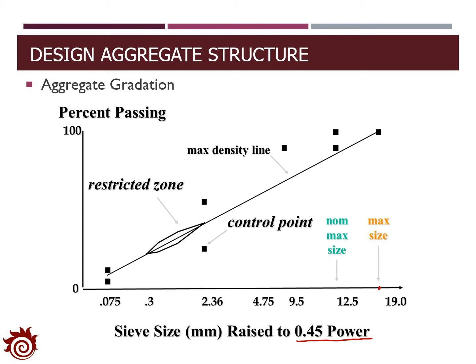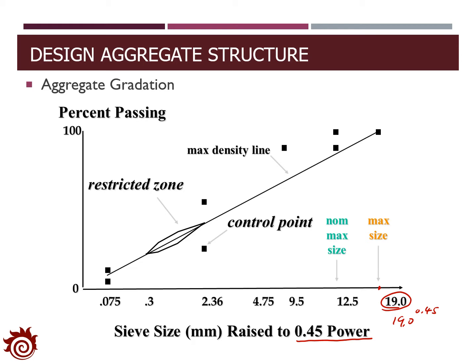So the value here with the sieve size of 19.0 is actually applying the true value of 19.0 to the power of 0.45, and this will be applied for the other sieve sizes.